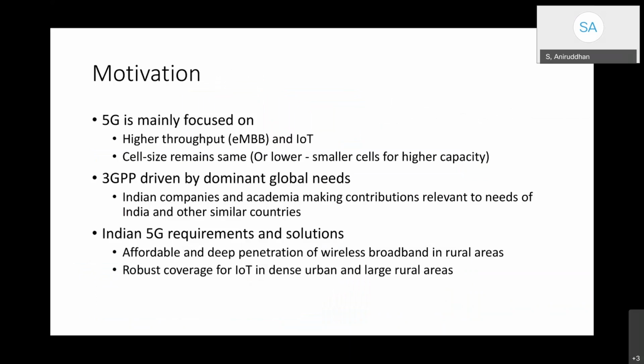For example, almost 50% of the Indian population, if 5G goes without taking them into account, you will not be addressing half the population in India. So one of the big motivations for building an India-specific use case is to address those types of scenarios.